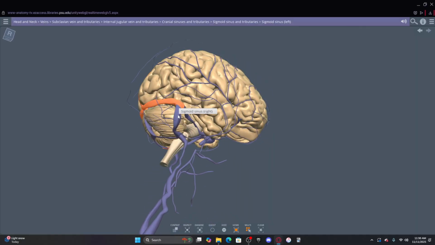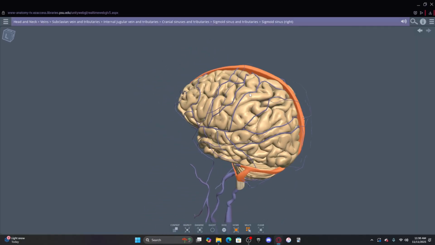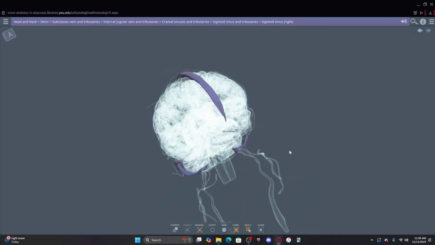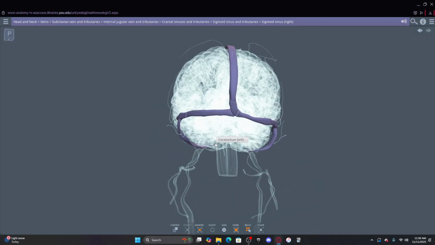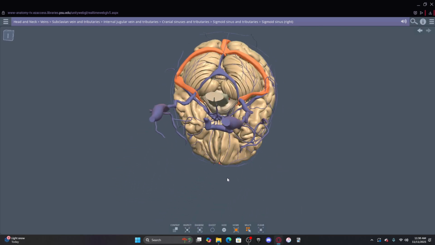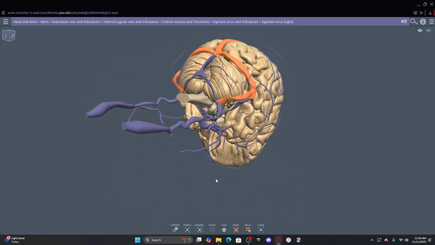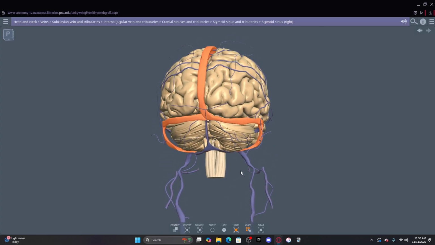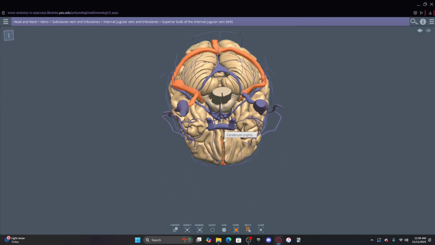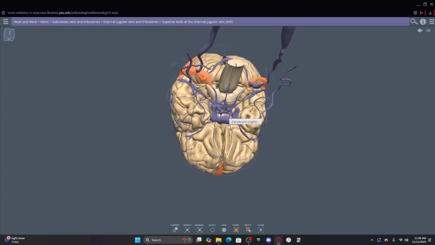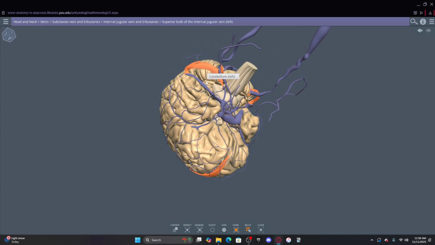So right and left transverse sinus go into the sigmoid sinus. And then from our sigmoid sinus, we go into the internal jugular vein. That's what this is here. But also draining into the internal jugular vein is the cavernous sinus.